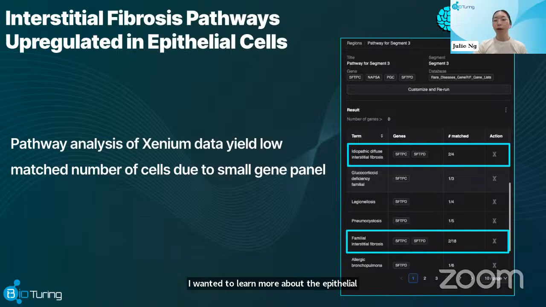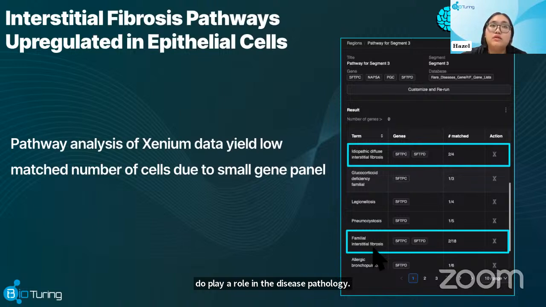And when I performed a pathway analysis on the spatially variable genes that were expressed in that particular region, I found that it was upregulated in pathways such as idiopathic diffuse interstitial fibrosis and familial interstitial fibrosis, right? So this is confirming that our epithelial cells do play a role in the disease pathology.